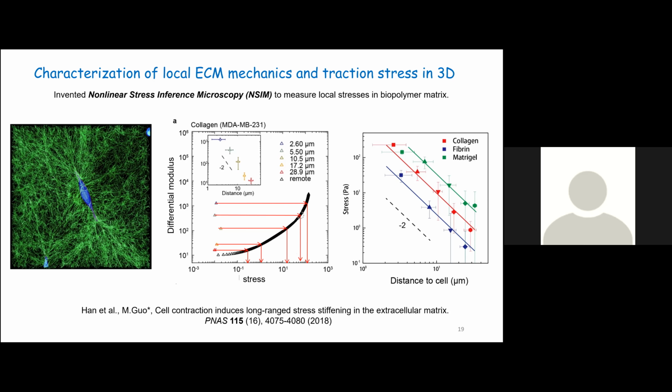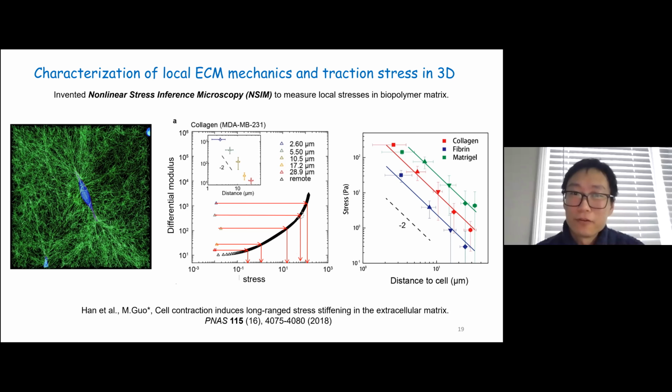And what does this say about multiple cells in the same matrix, about the shielding distance, how far away a cell has to be before it feels its neighbor? For example, here we have the stress decaying across 20 microns to where you still have a Pascal or so. So it probably will influence a radius of 20 microns or so.